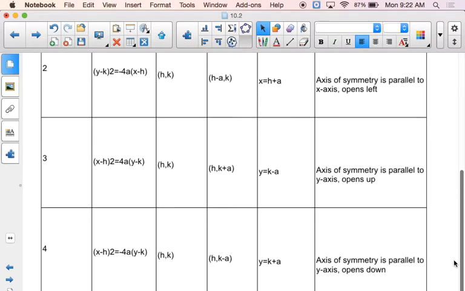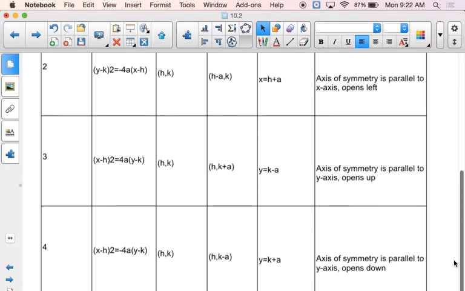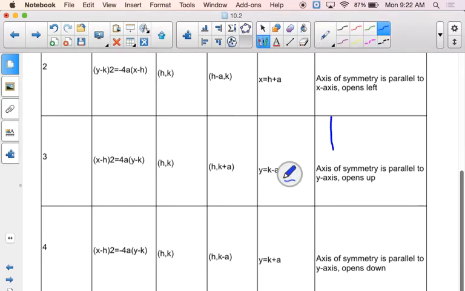If the axis of symmetry is parallel to the y-axis, so here's my graph, then it's going to open upward, and you'll notice this time the x is squared and you have a positive 4a. If it opens downward, you have a negative 4a.